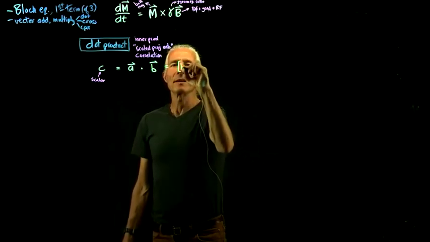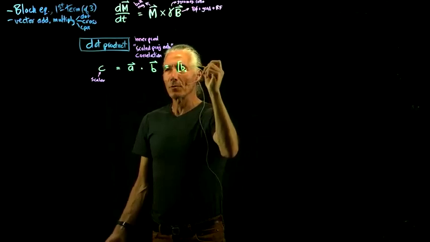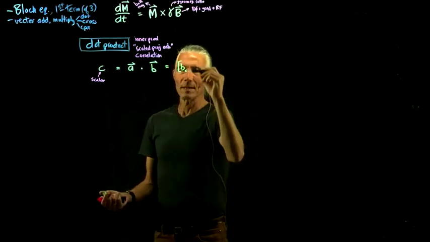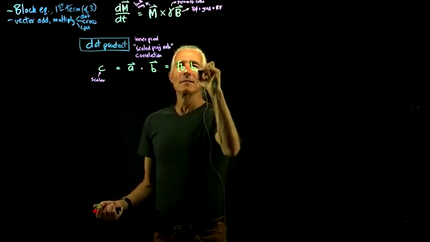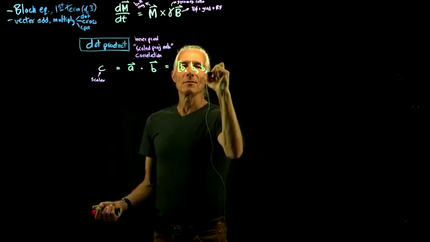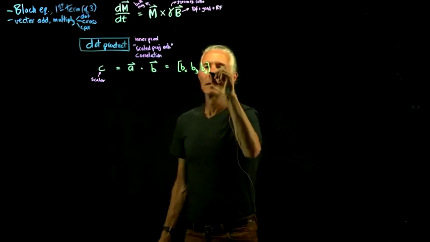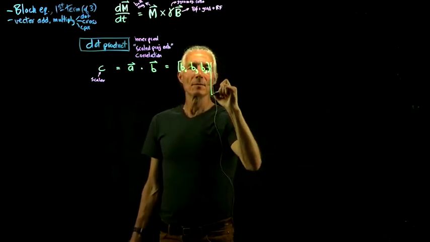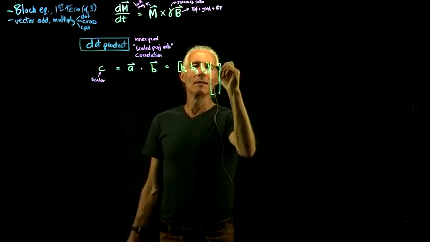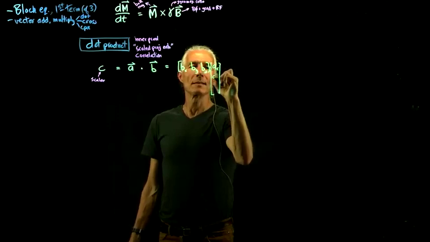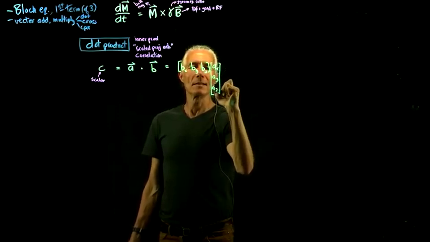So here we'll do it for 3 dimensions, but you could do it for more dimensions. So here's B: bx, by, bz. Those are the three coordinates of the b vector, and then we multiply by the three coordinates of the a vector, ax, ay, az.